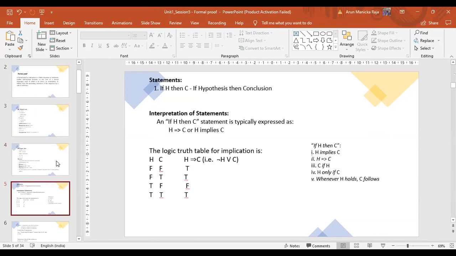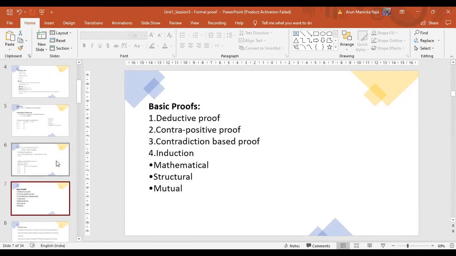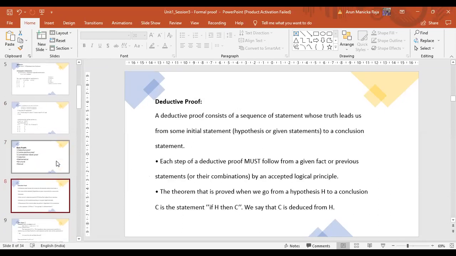And we have two types of statements. One is if H, then C, and another one is if and only if. So these are the basic proofs. With the help of this, we can prove any theorem or any concept.